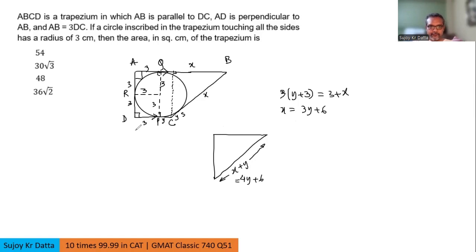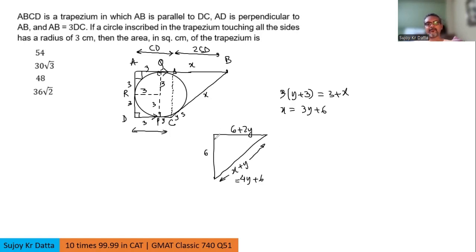Now this is basically the same as CD. And since AB is thrice of CD, this part is twice of CD. So that is 6 plus 2y.